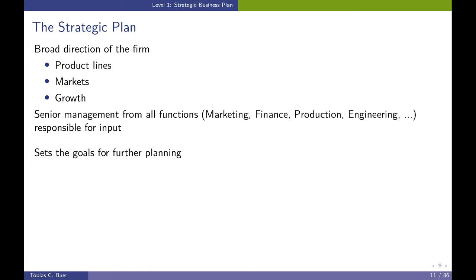So if we have a strategic plan for Geotech, then maybe the product lines could be the general types of programs that should be offered. Should we go more into social science? Should we go more into engineering?